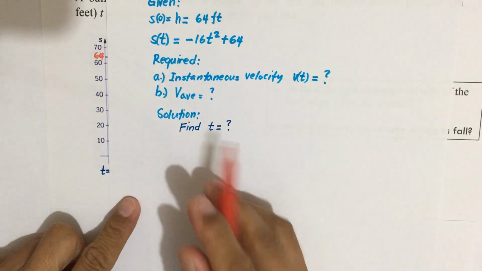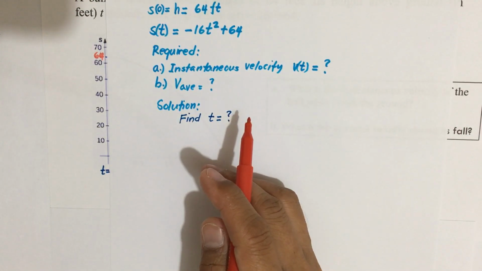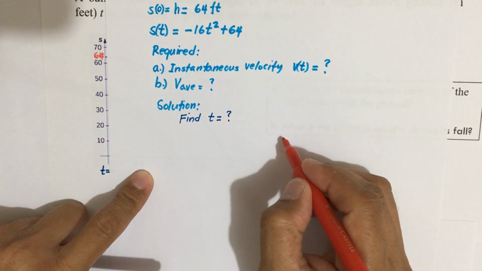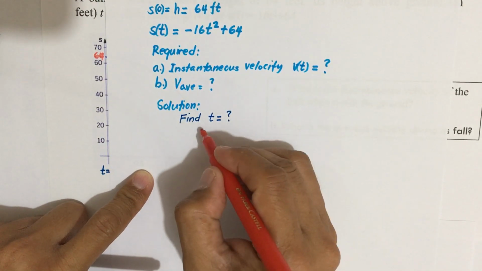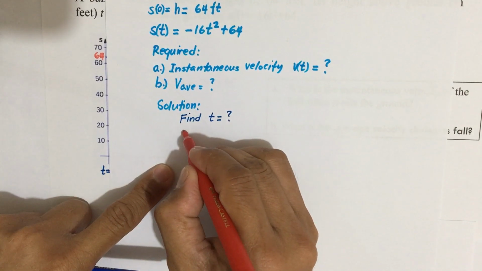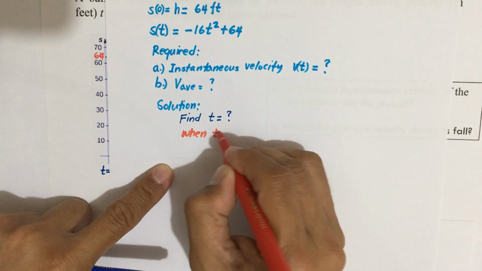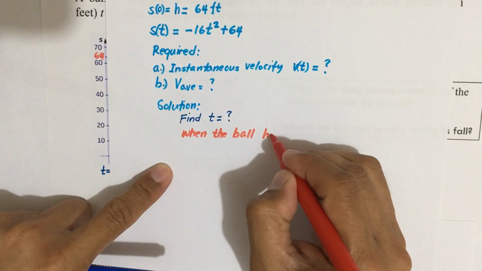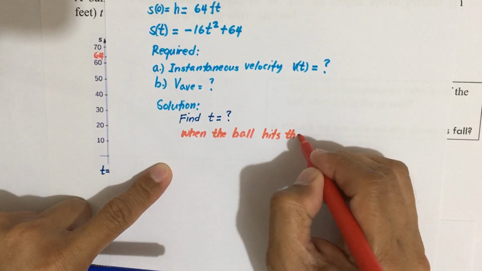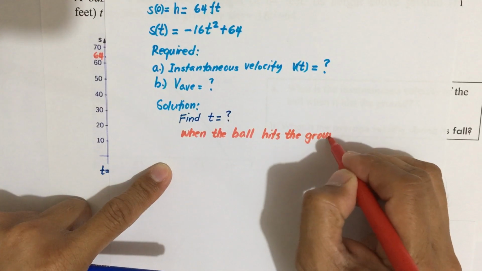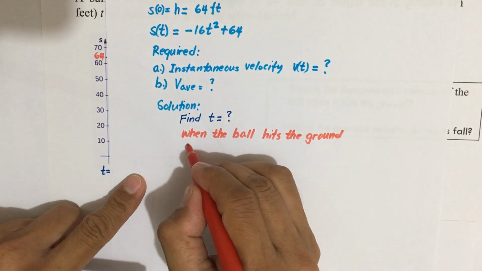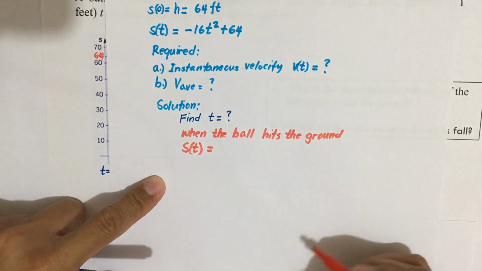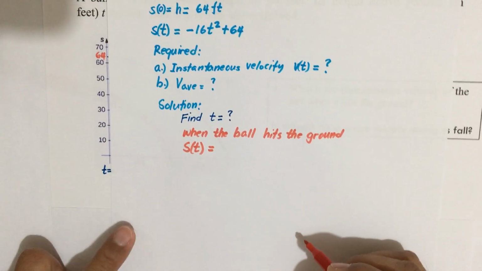Okay, so in order for us to solve for t, we have to use this concept that when the ball hits the ground, what will be the value of our s, or s sub t? What's the value of our s sub t?